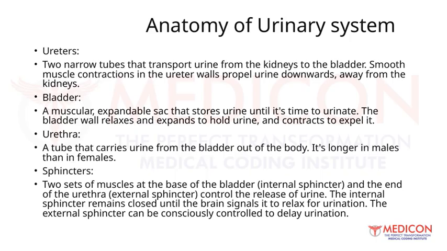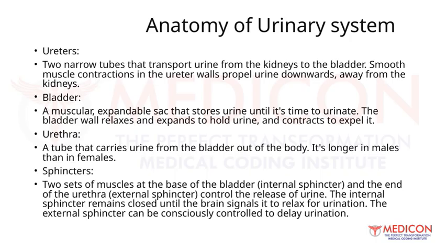Moving on to the urethra, this is the tube that carries urine from the bladder and out of the body. Interestingly, it's longer in males than in females, which has implications for things like infections and urinary flow. Finally, we have the sphincters. These are two sets of muscles that control urination.